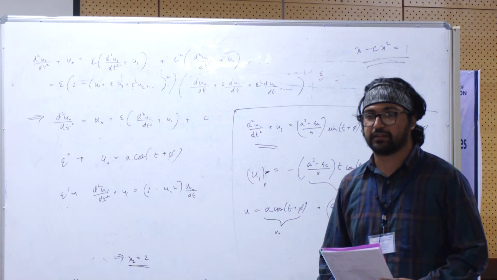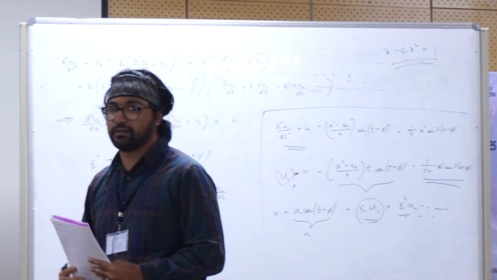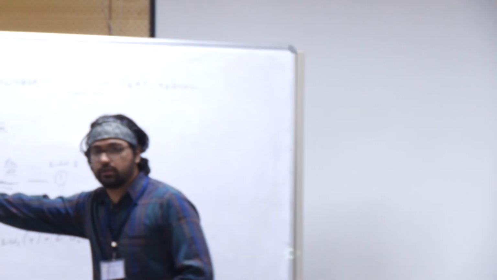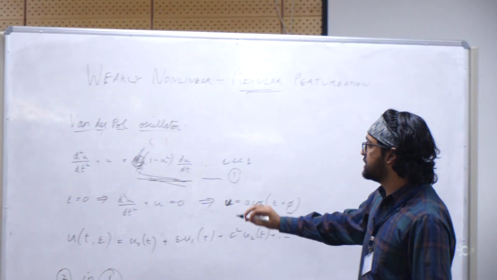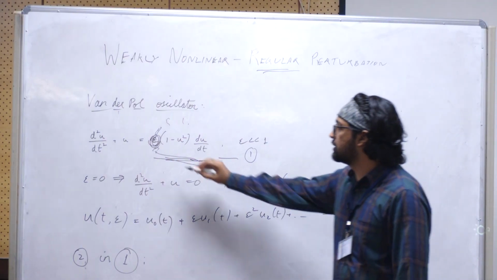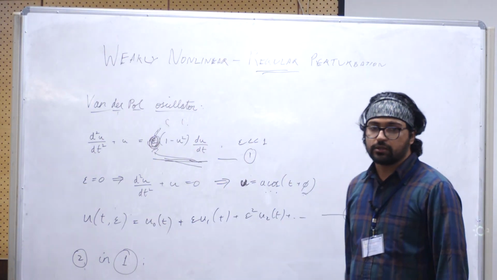Okay, I want to know, are there any restrictions on this method? When should we apply it, and when should we not use it? Yeah, so when it comes to the van der Pol oscillator alone, as I said, this sort of regular perturbation scheme is applicable only when the coefficient is very small.